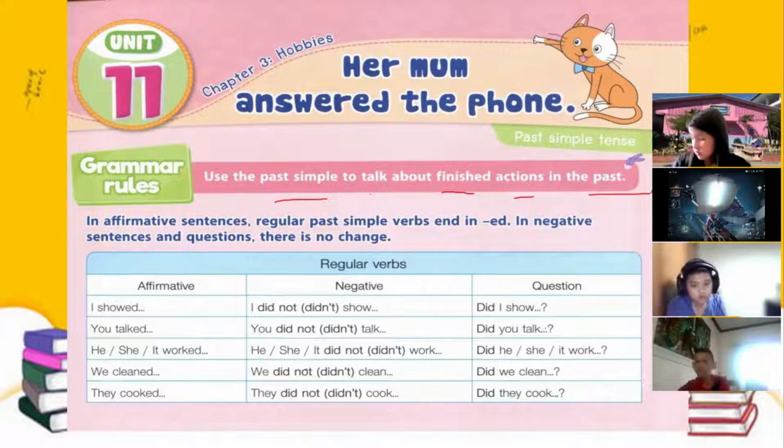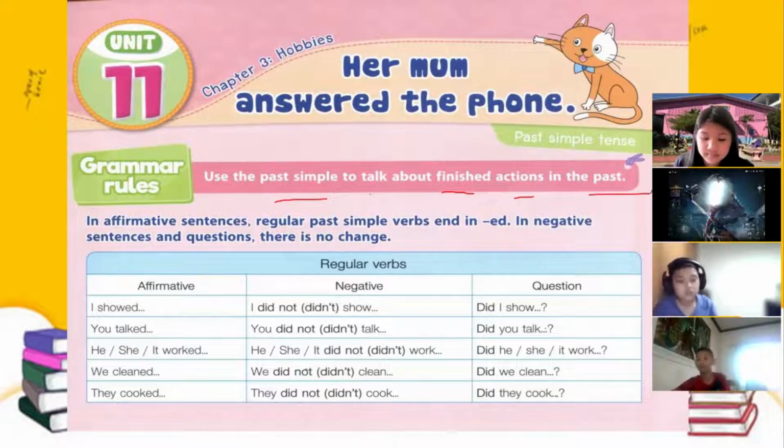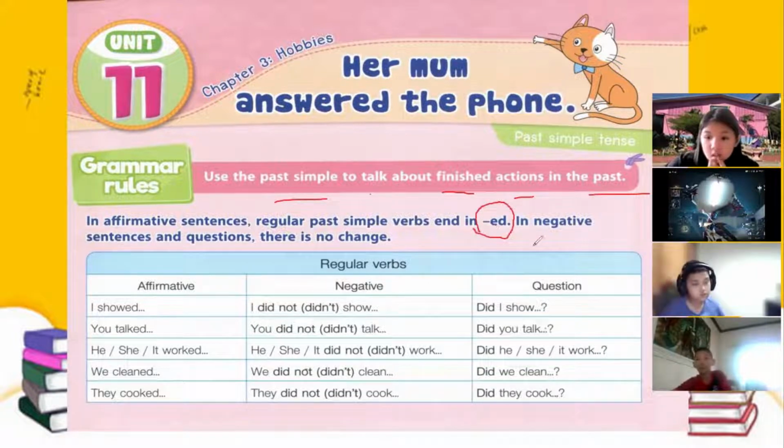So here you have to remember, in affirmative sentences in past simple tense, for the regular form, the verb has to end with ed. The regular verbs, the normal verbs, end with ed only in the positive, affirmative sentence.